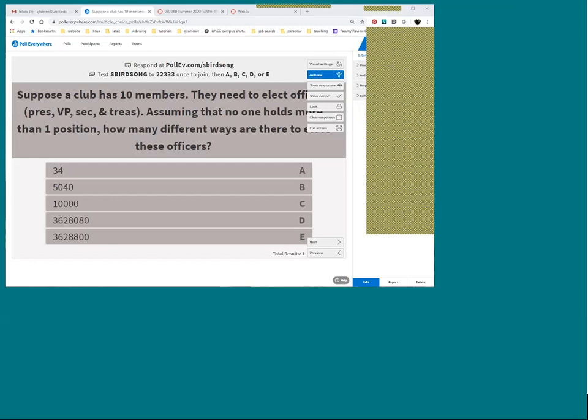Now this one is going to take a little bit more thought just because the numbers there are already combined together. So definitely build your formula first and then combine your numbers together.